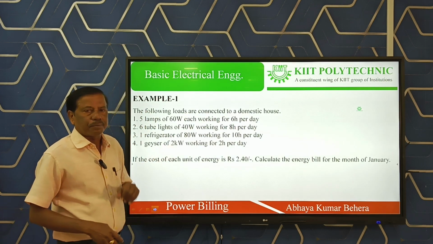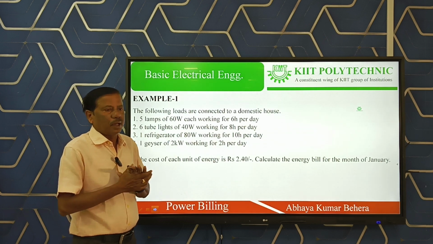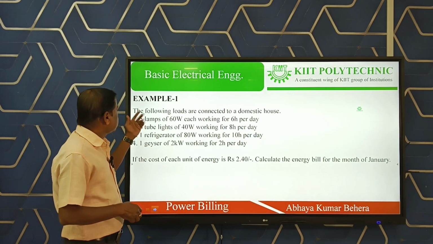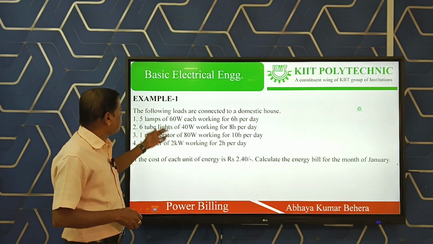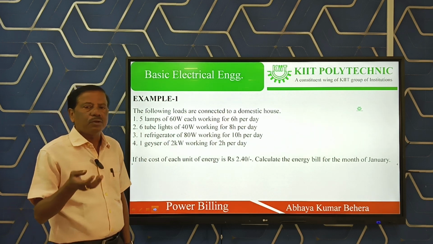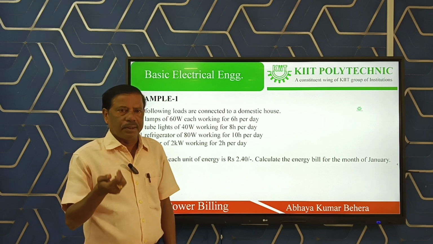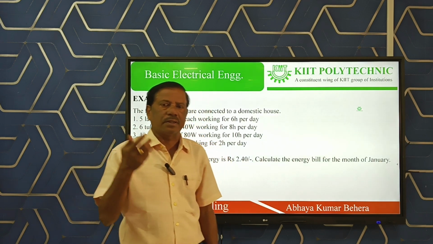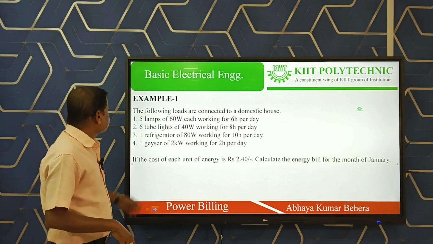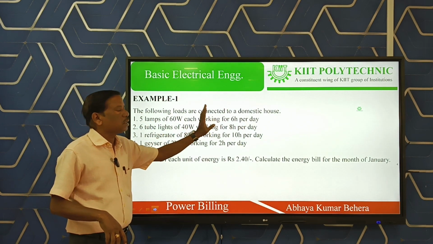Now we will see one example so that it will be much clearer how we can calculate the electric bill in our house for a particular month. The following loads are connected in a domestic house. Loads means your electric bulb or refrigerator which is consuming the power, that is called the electrical loads. So 5 lamps of 60 watt each working for 6 hours per day.